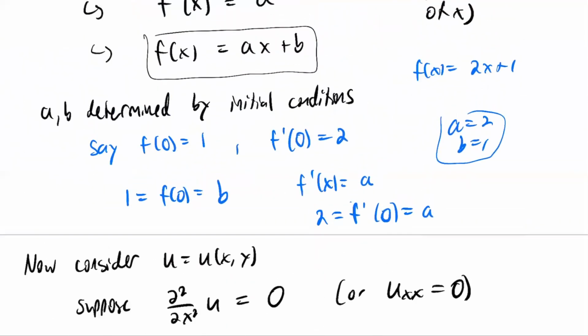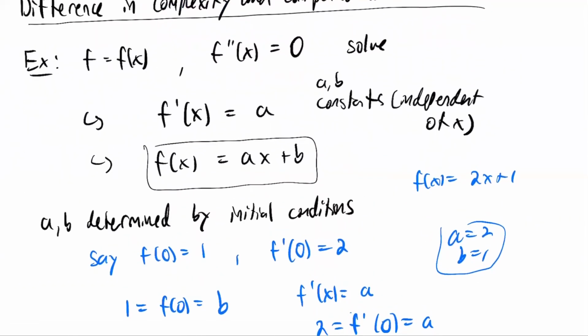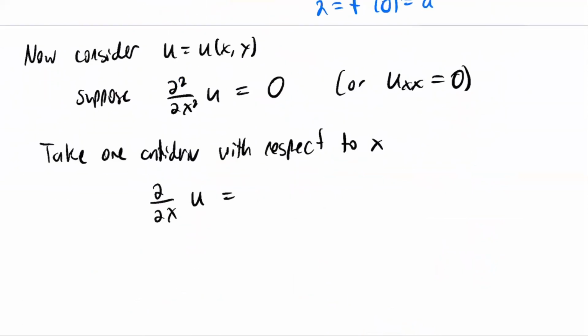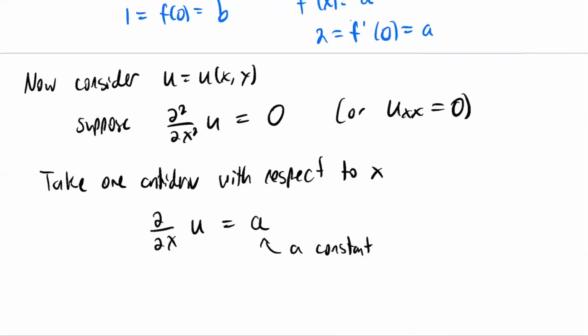Well, what do we have on the right-hand side? Well, if we just follow our model from before, this should just be some constant a, right? But that's not completely accurate because, well, what do we mean when we say it's a constant? We mean it doesn't depend on the variable that we're taking derivatives or integrals with respect to. But here there's another variable that's lurking in the background, which is this variable y, right?